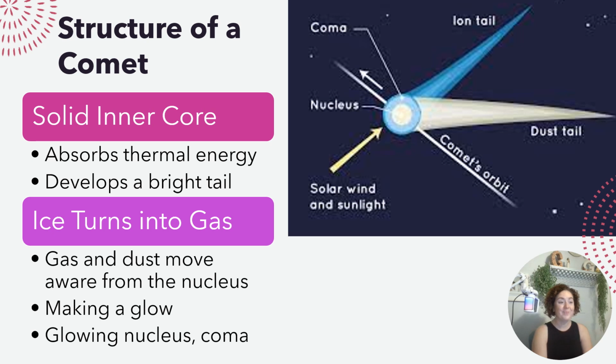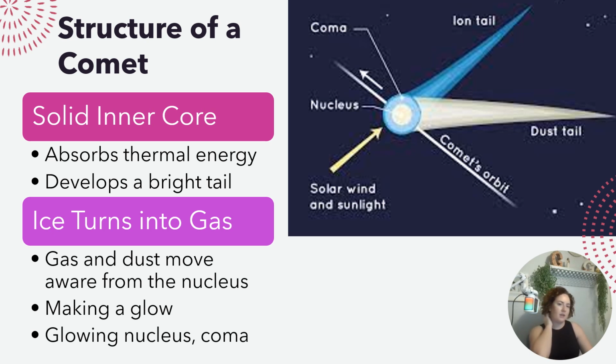Now, this is what's kind of cool. The actual structure of a comet, I think, is weird to think of. Okay, so the comet has a solid inner core, just like any of our planets, our asteroids, things like that. There is a solid mass in the center of it.